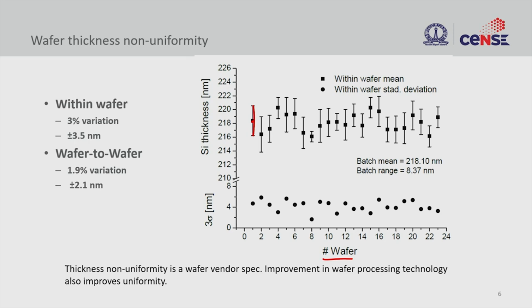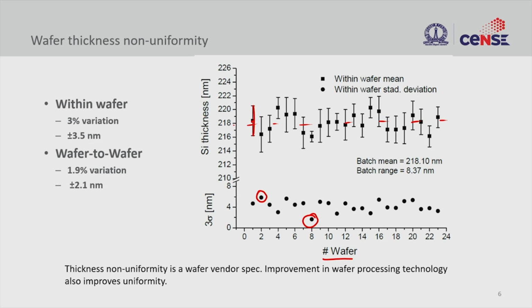For instance, here the mean is somewhere here, but you see the distribution, there is a pretty large distribution around the mean, and then the 3 sigma also. The standard deviation of the thickness is also around 4 nanometer, but some are very good wafers with very low variation, and some are very high. So this intrinsic thickness variation can also contribute.